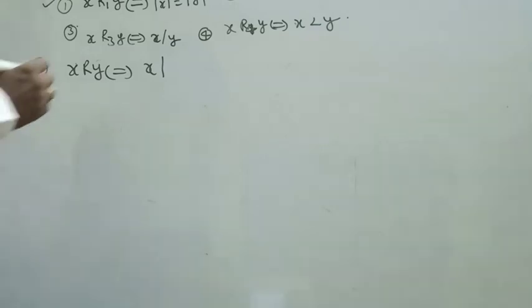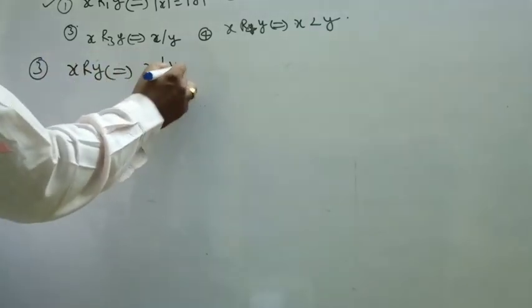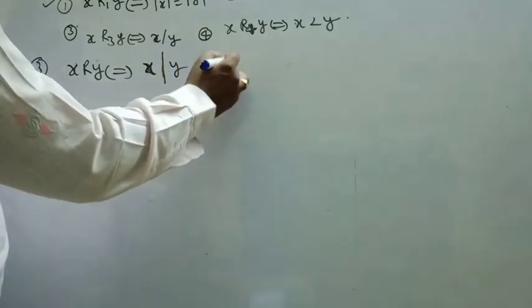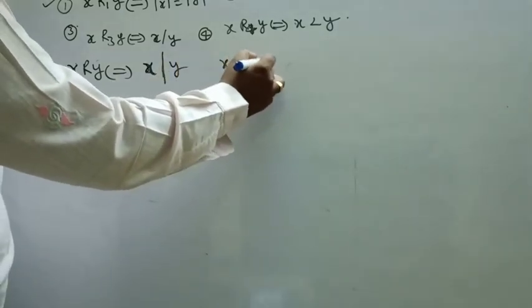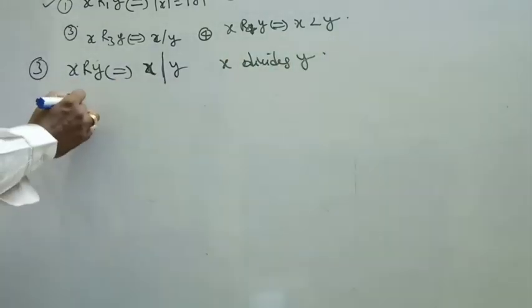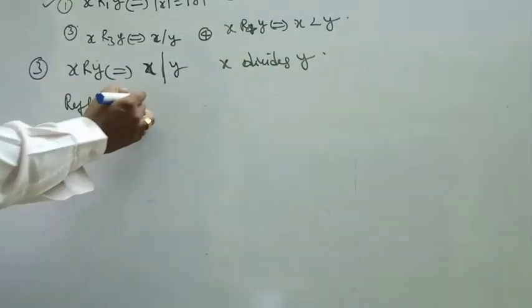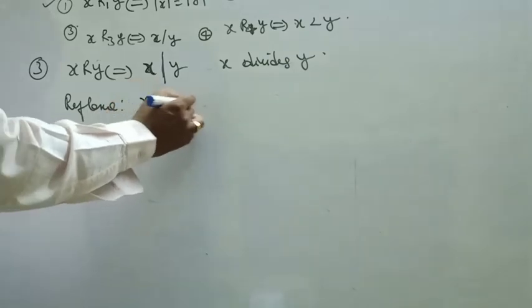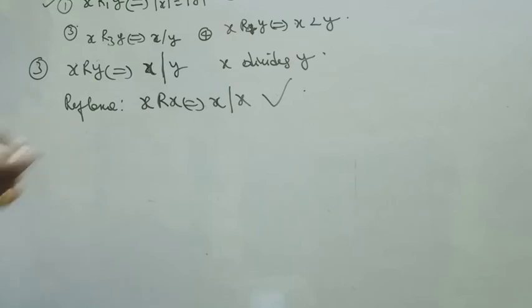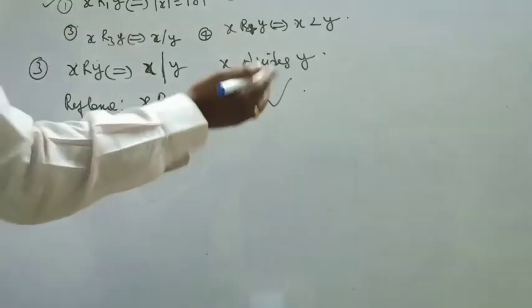Now the third one: X related to Y means X divides Y. Now let us check reflexive. X related to X means X divides X. Yes, every number will divide itself. That means reflexive is true.